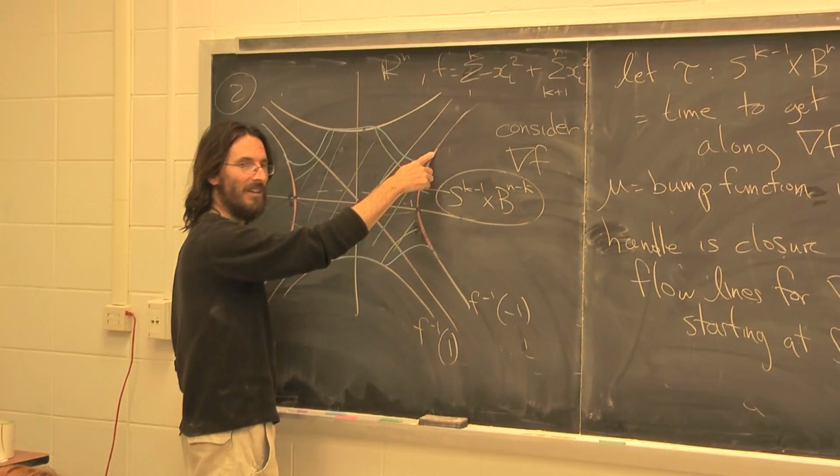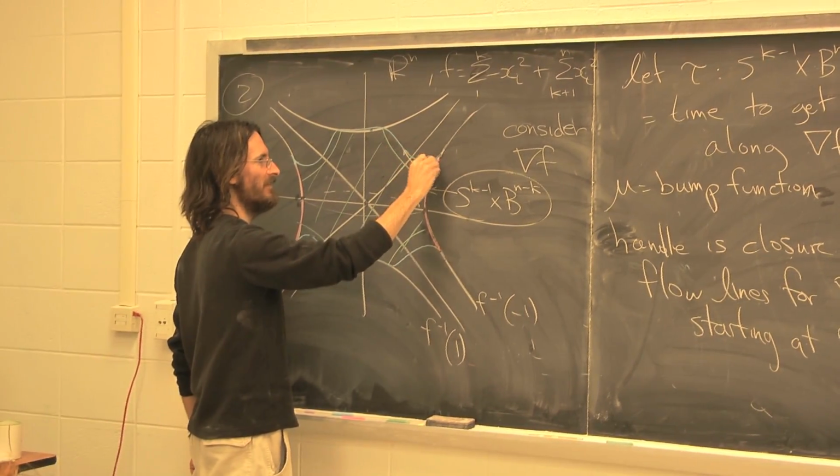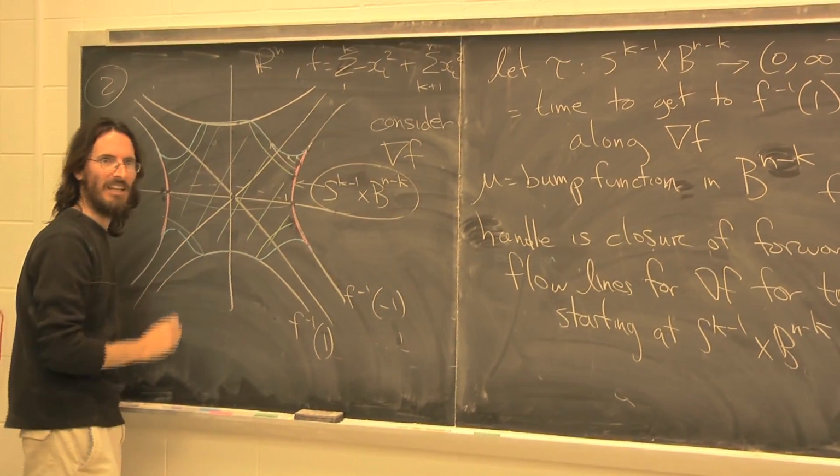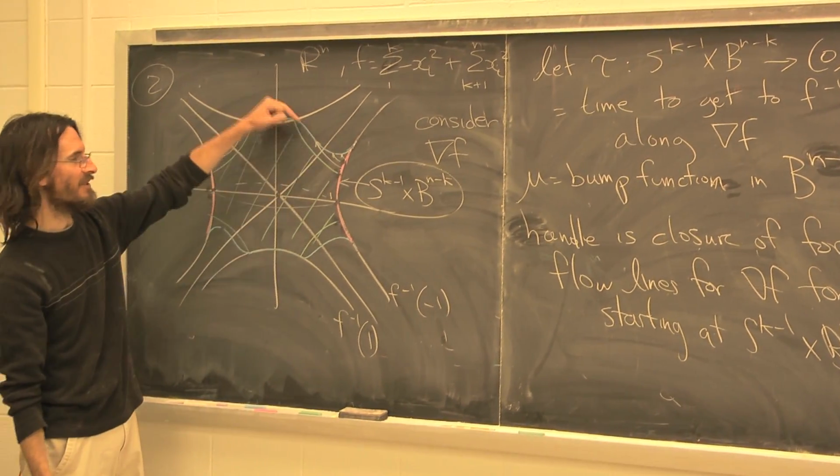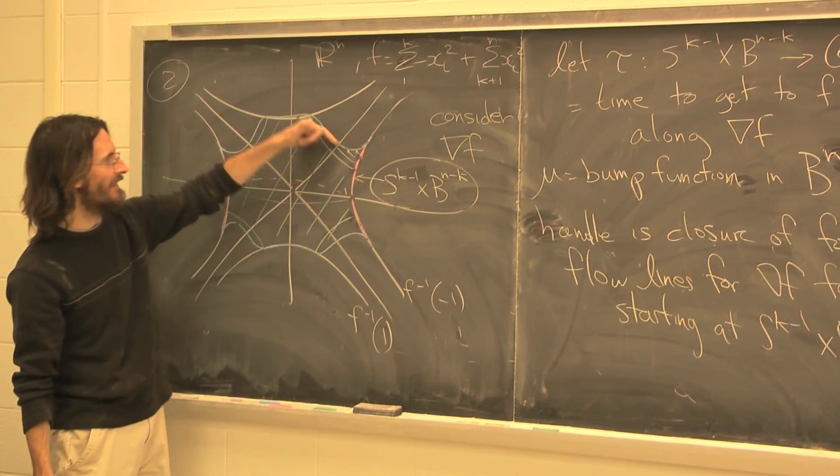Outside something you don't flow at all, and here you flow for some time, just approaching a circle. Okay? And that produces this thing that's just naturally smooth. And you're just interpolating from this level set to that level set.